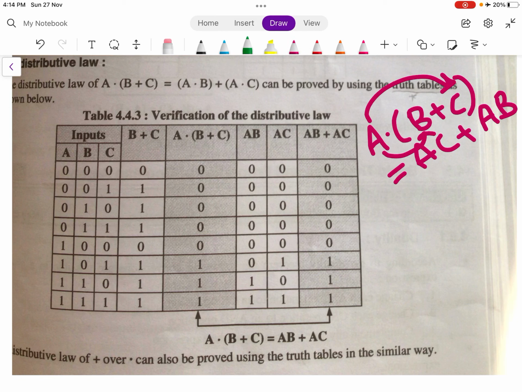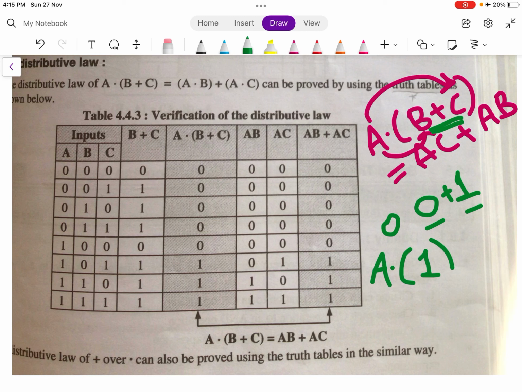Suppose the inputs are 0, 0, 1. First, B plus C will be 0 plus 1, that is 1. So you get A dot 1. What is A? A is 0. So 0 into 1 is 0.